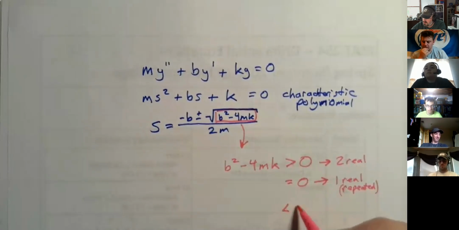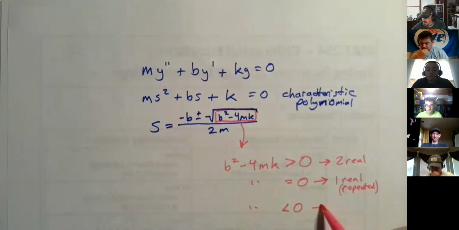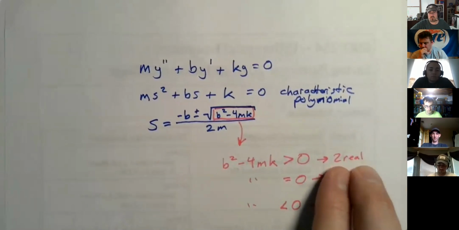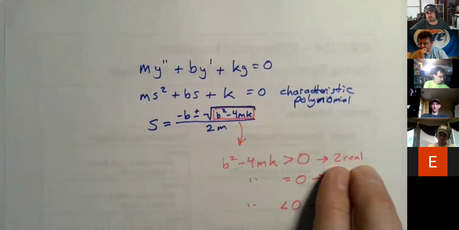And if this thing underneath the radical is less than 0, then we have 2 complex solutions. Or you could say 2 imaginary, but it's not just the imaginary, it's all of that. So if you have 2 real eigenvalues, then you're going to have just exponential decay.